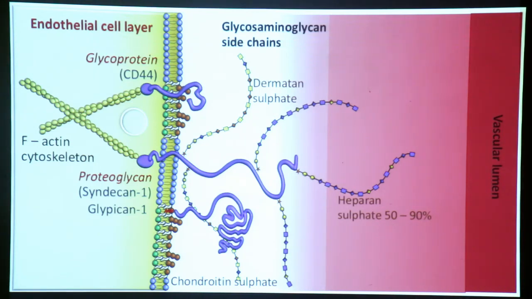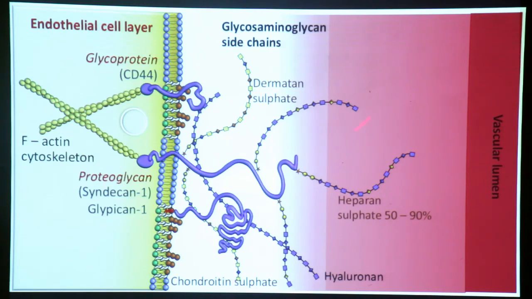Sulfates means they are all negatively charged sulfate molecules. That's why they keep repulsing all the cellular elements away from the glycocalyx so that it doesn't get destroyed. There is only one side chain which is not attached to the proteoglycan, and that is hyaluron. That's a free-floating side chain which intermingles between the other side chains.